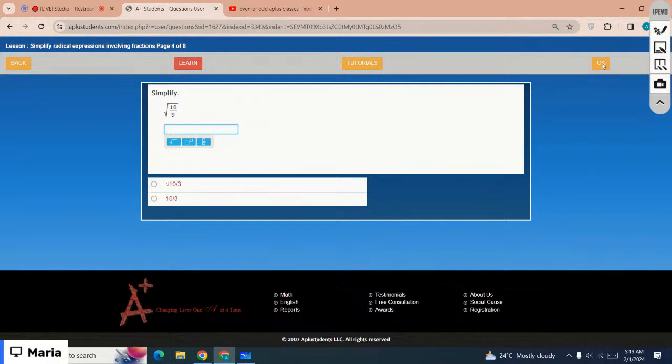Yes, that is square root 10 divided by 3. Option number 1 is the correct option. That is square root 10 over 3.